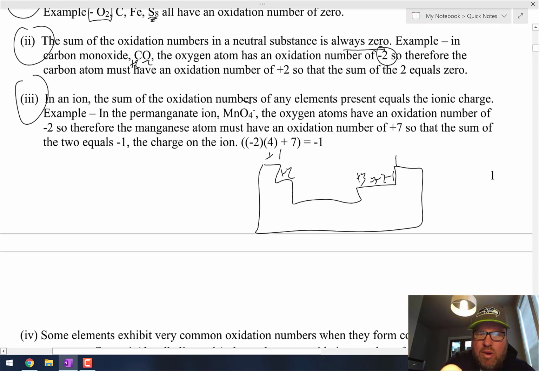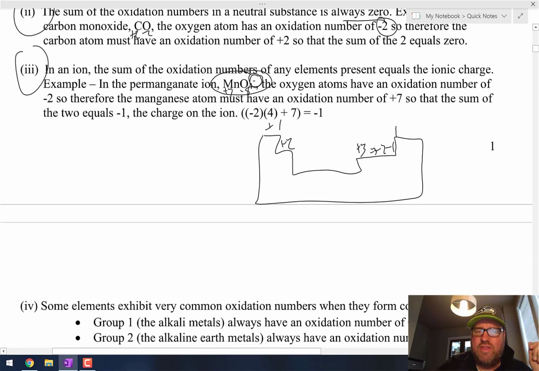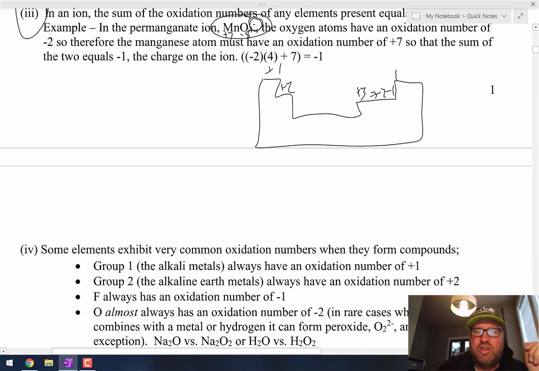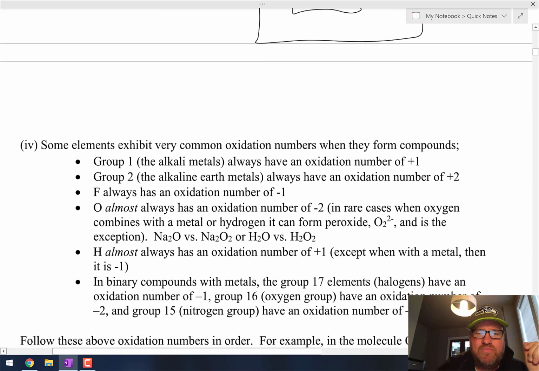So like in the permanganate ion, MnO4-, oxygen's -2, but there's 4 of them, so that's -8 all total. But since this has a -1 charge, the manganese has to be +7 to get back to -1. So manganese in that case has an oxidation number of +7.